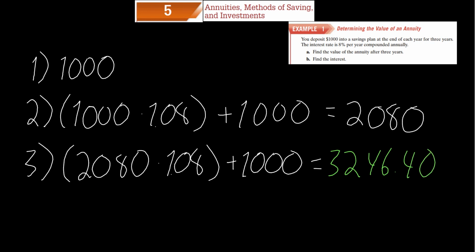So the value in my account after 3 years is going to be $3,246.40. The interest is going to be what my total is minus what I put in. I put in 1,000 each year, so 3,000. My interest is going to be $246.40.